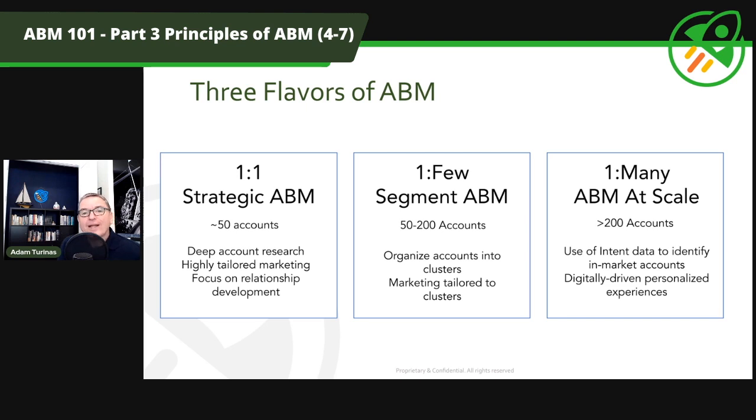The last one is one-to-many. And this is more like traditional demand generation, where you're marketing to well over 200 accounts, in many cases, thousands of accounts. What you're trying to do is identify the ones that seem to have the higher likelihood of being in market. So you may be using third-party intent data to identify in-market accounts.